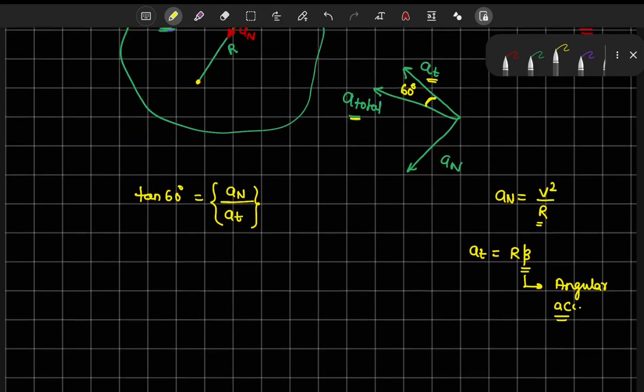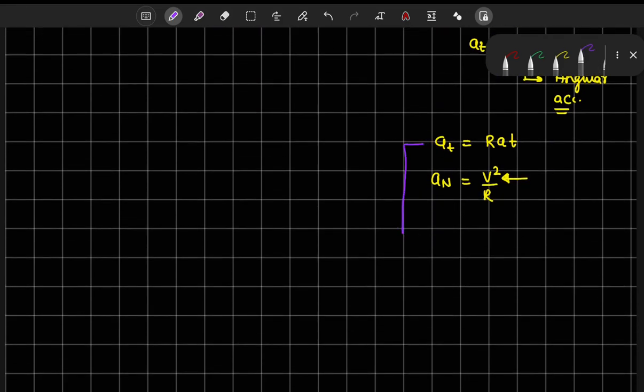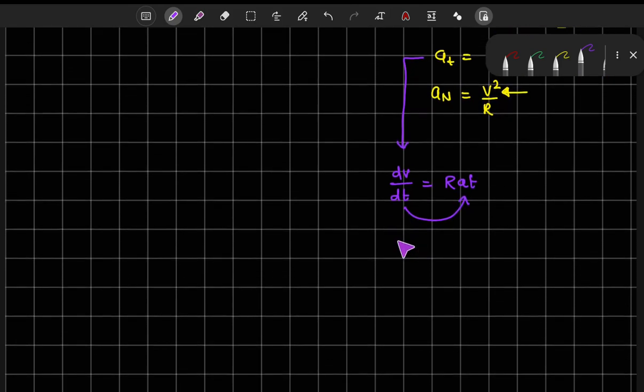Now beta is given as a into t, so a_t equals r a t. For a_n we have to find the velocity. We can write a_t equals dv by dt equals r a t. If we take dt to this side, then dv equals r a t dt.